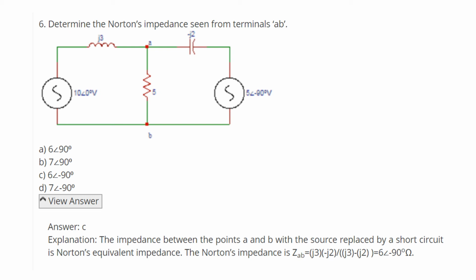The correct answer is C. Explanation is that the impedance between the points A and B with the source replaced by a short circuit is Norton's equivalent impedance. The Norton's impedance is ZAB equal to j3 into minus j2 upon j3 minus j2, which equals 6 angle minus 90 degree ohms. This is Norton's impedance and the correct answer is C.